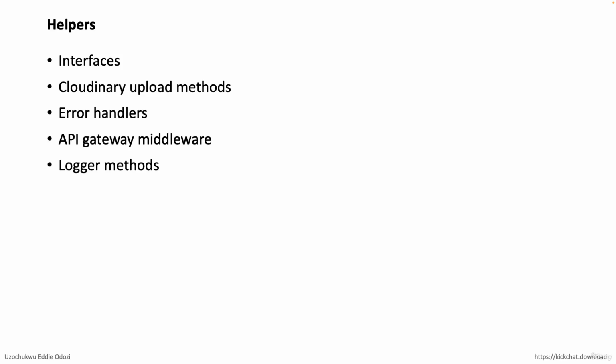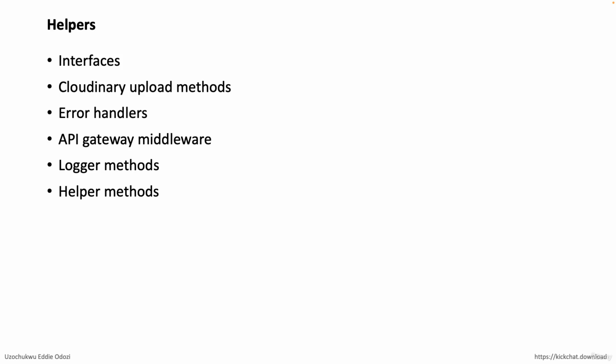Then our logger methods. Okay, so remember I said we are going to send all our logs to Elasticsearch and display them on Kibana. So we create a logger method. I will show you, we are going to use a library, and then all we need to do is just import the method, pass the required parameters, and then every log, error logs or maybe warnings, we will just send them to Elasticsearch and then display them on Kibana.